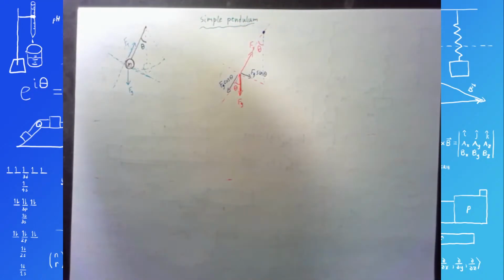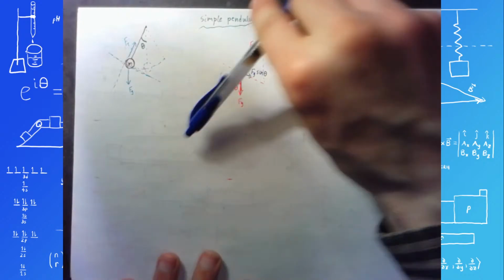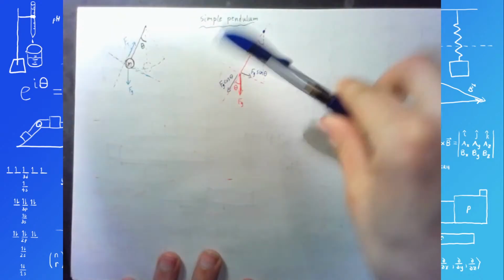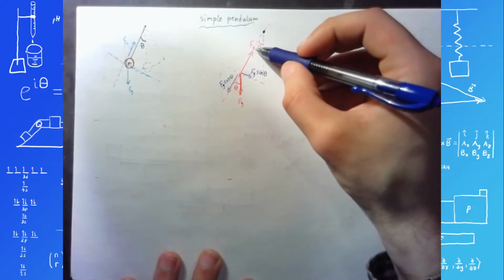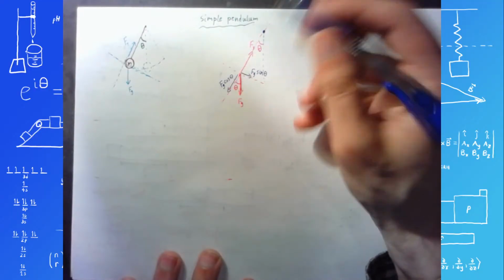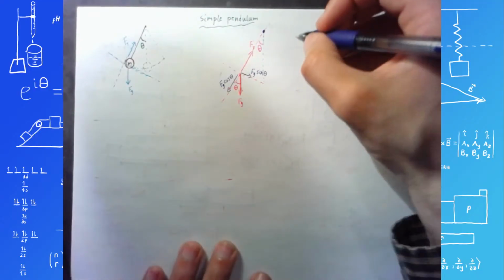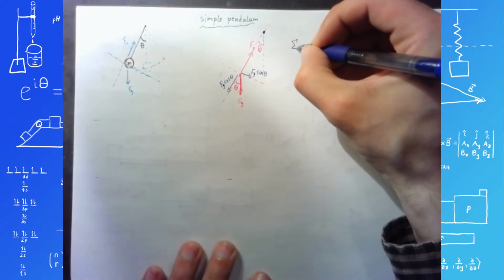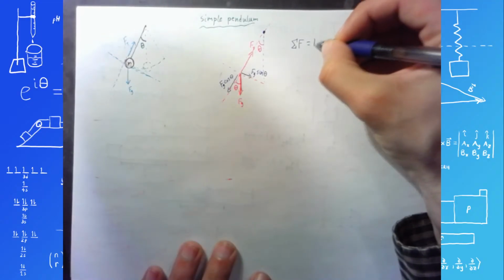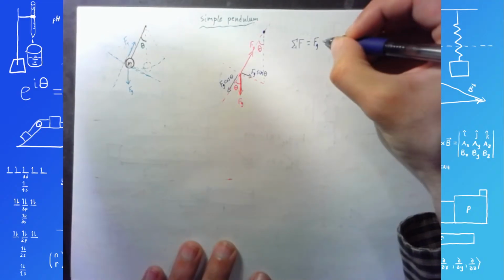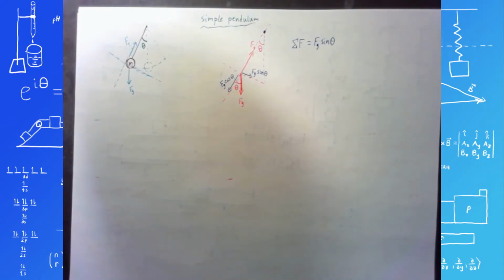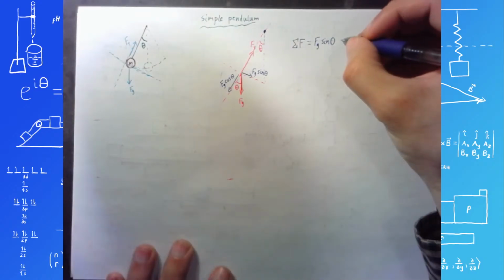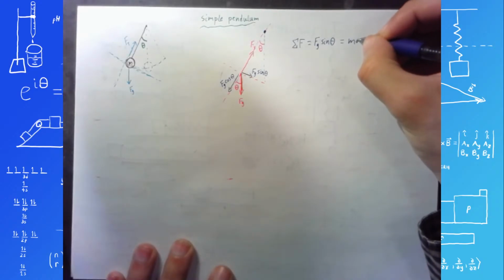We don't see any indication that there's acceleration along this axis. We only see acceleration this way. So force of tension and force of gravity cosine theta must cancel out. That leaves us with our net force just being force of gravity sine of theta, or mg sine theta.